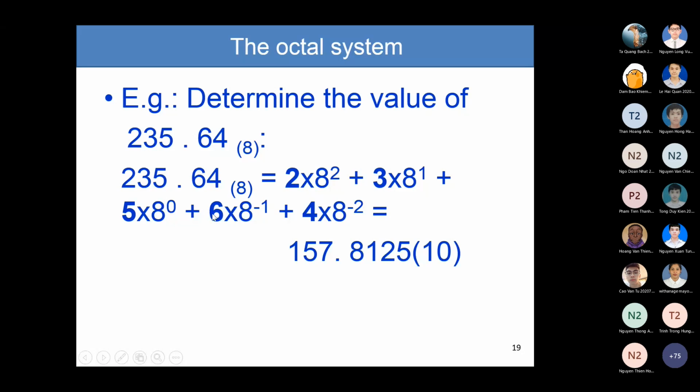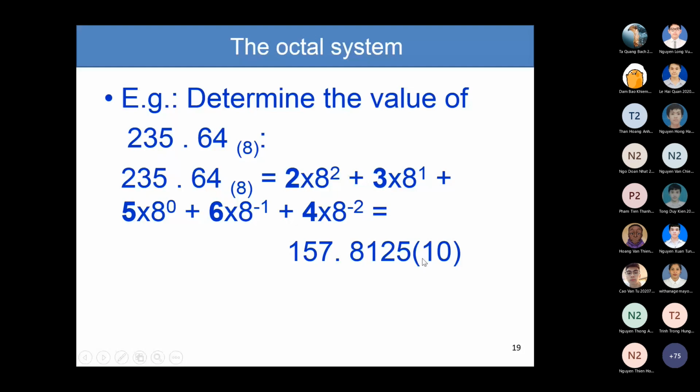For the fraction part, the index of 6 is minus 1, so 6 multiplied by 8 power minus 1, and 4 has index minus 2, so 4 multiplied by 8 power minus 2. So finally, the number 235.64 in the octal system has the value in the decimal system of 157.8125.